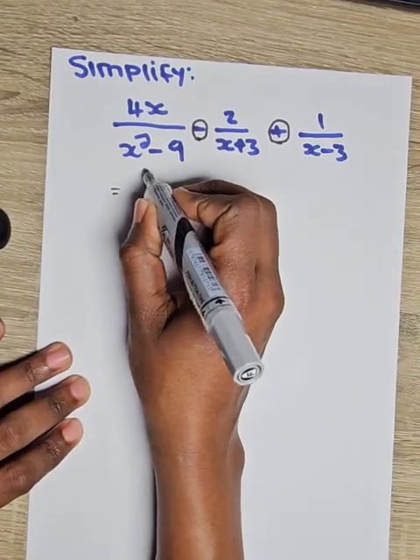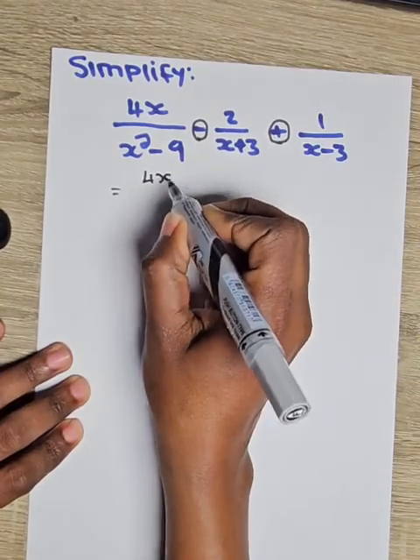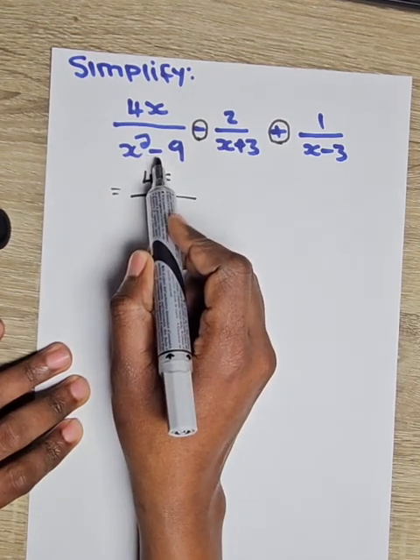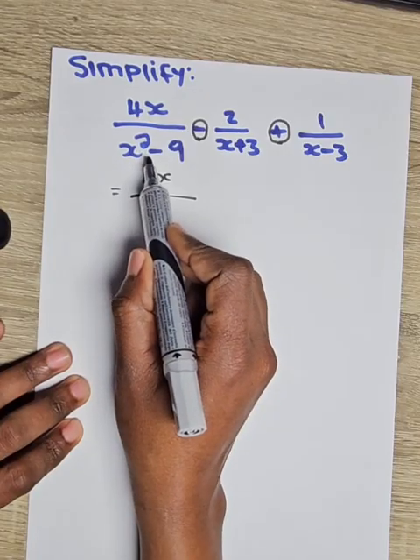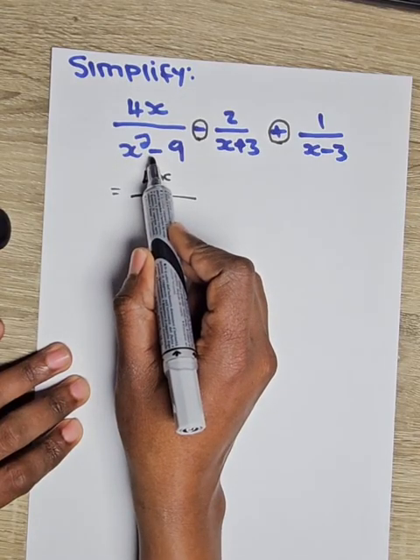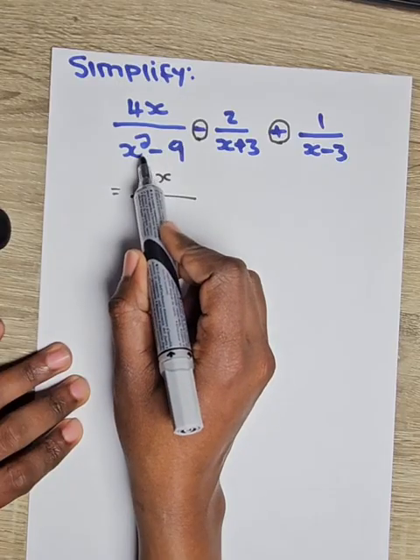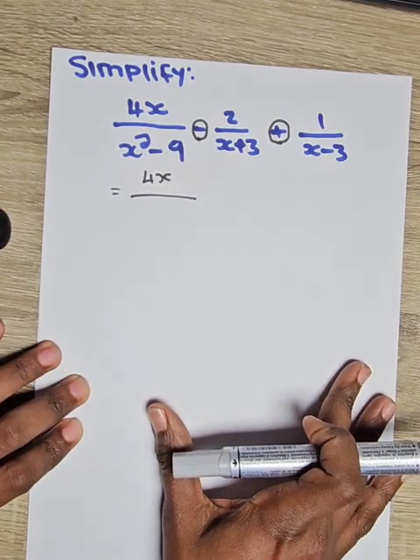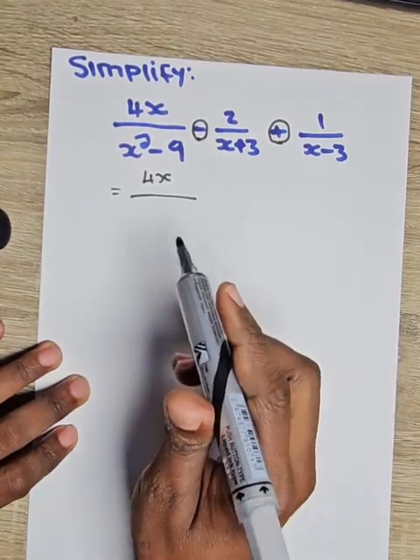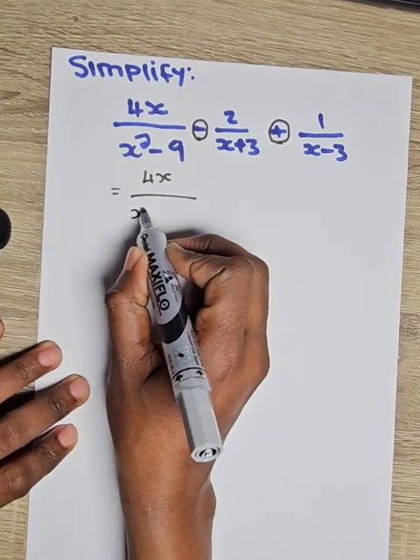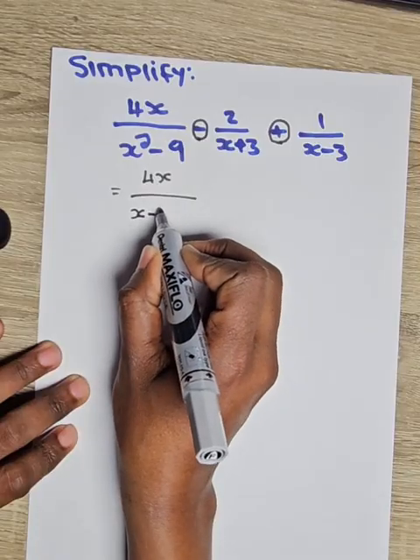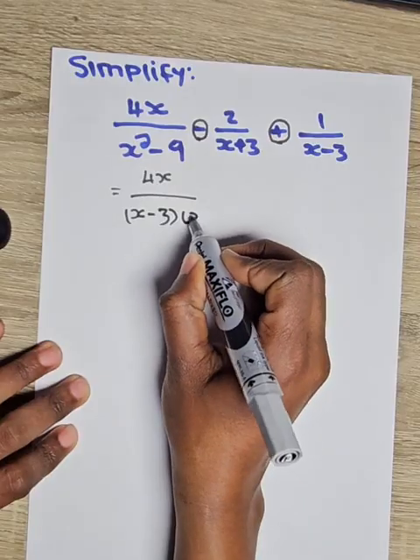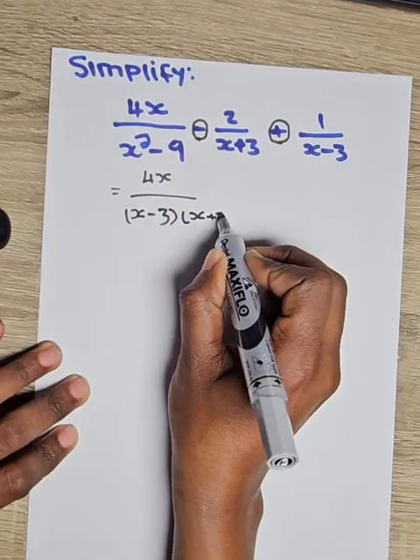So we'll say this equals 4x over... We have here a difference of squares, so in order to simplify this, we will factorize and apply the difference of squares method. This simplifies to x minus 3 times x plus 3.